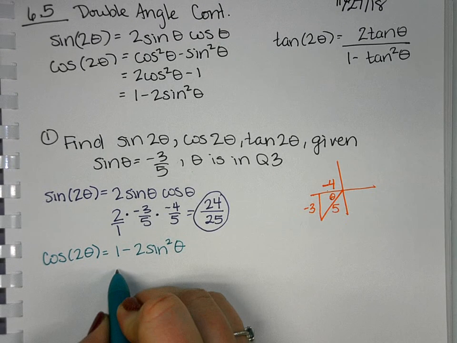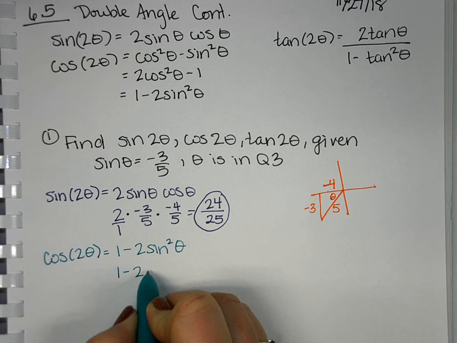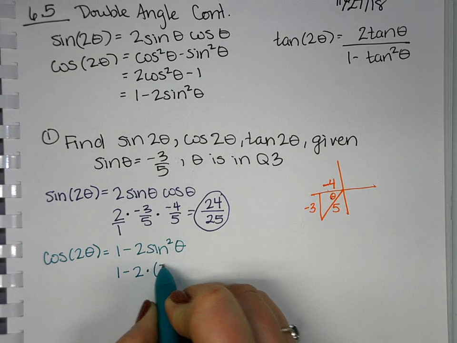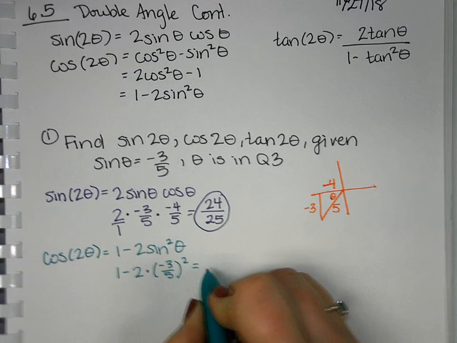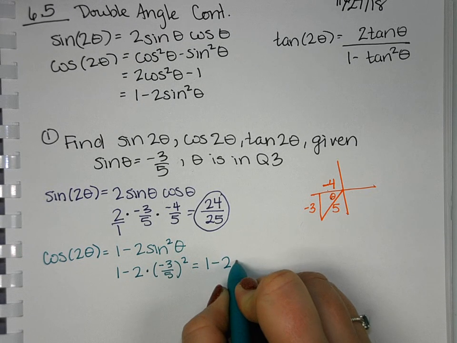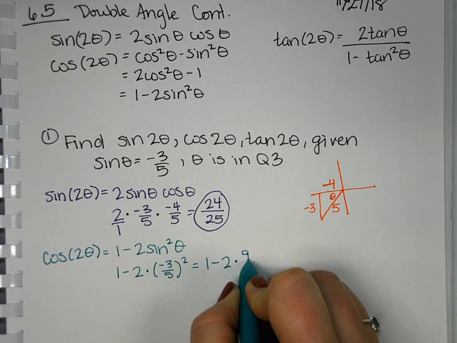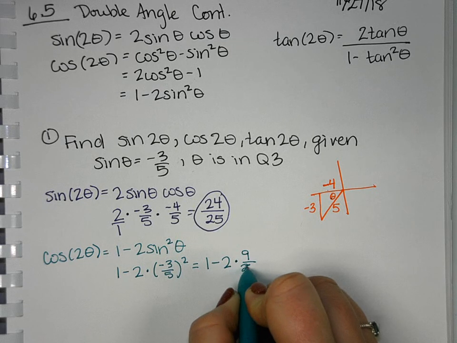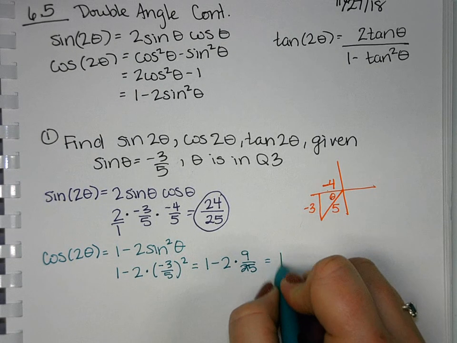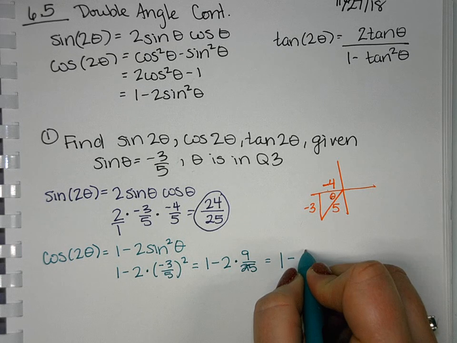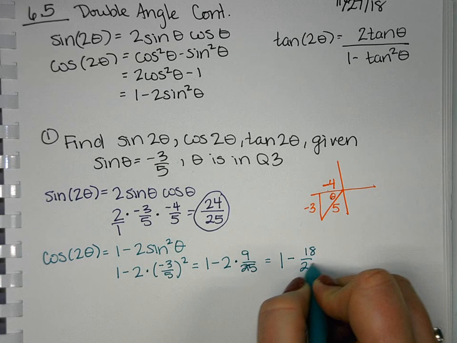So 1 minus 2, my sine was -3/5, and I'm going to square that. 1 minus 2 times, when I square 3/5, I get 9/25. When I multiply by 2, I'll get 1 minus 18/25.